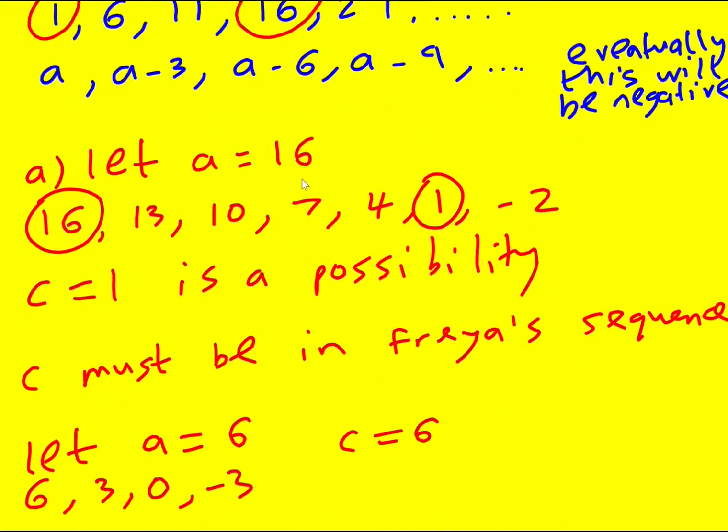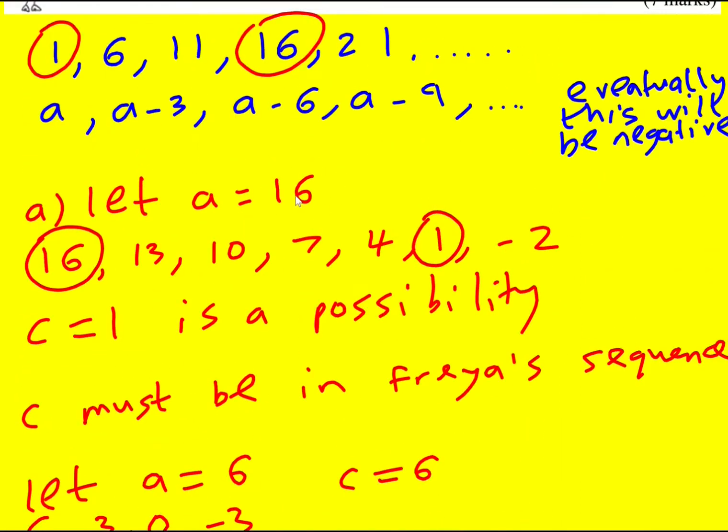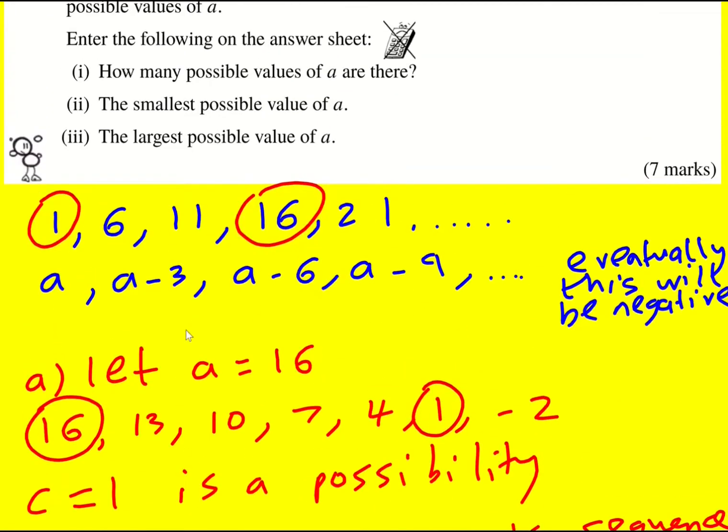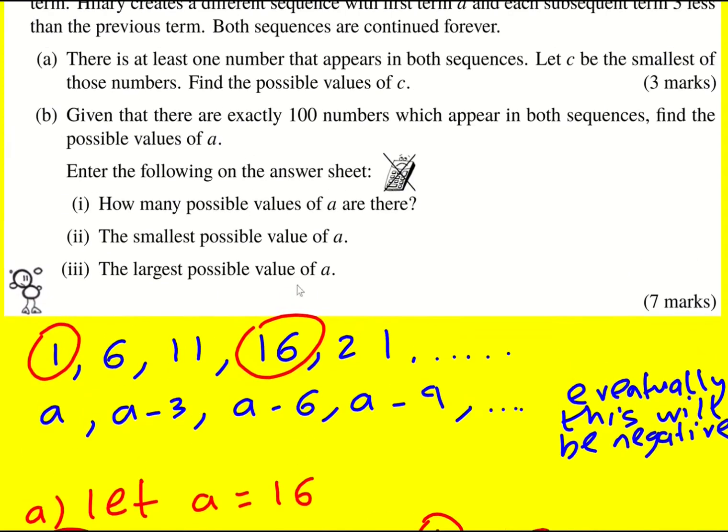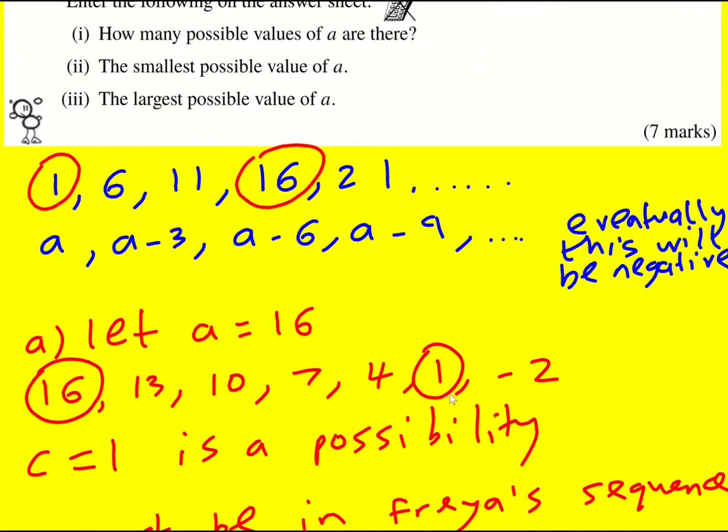All right, what about 16? Well, actually, I already dealt with 16, and here's the thing. When I try and let 16 be in the sequence, because I'm going down by multiples of 3, after 5 terms, I'm going to get to 1. So I can't have C equal to 16. It's 15 more than 1. And then 21 is 15 more than 6.